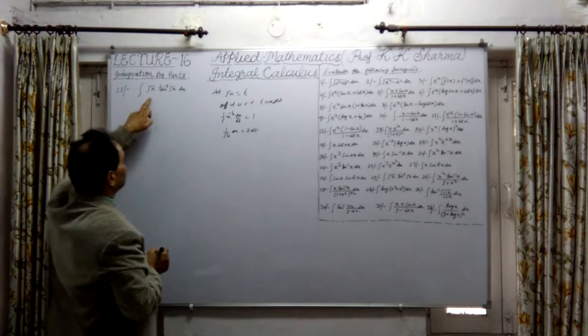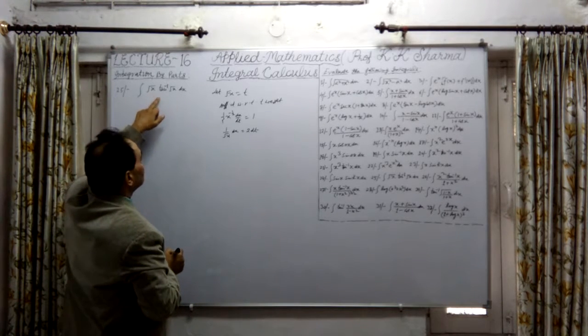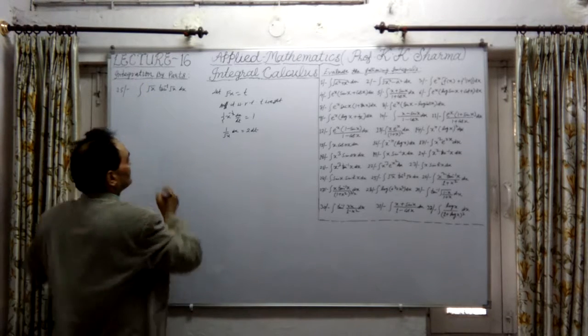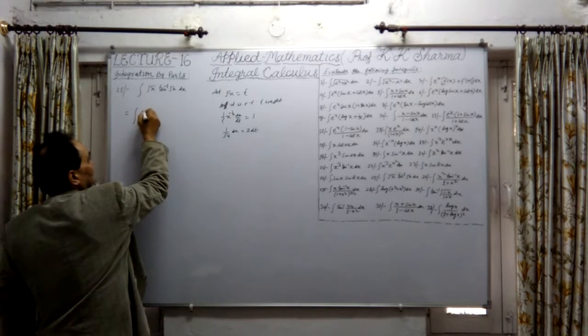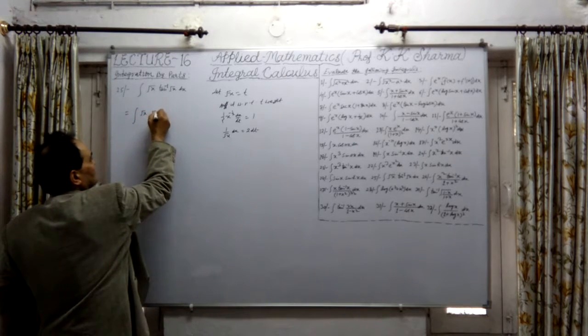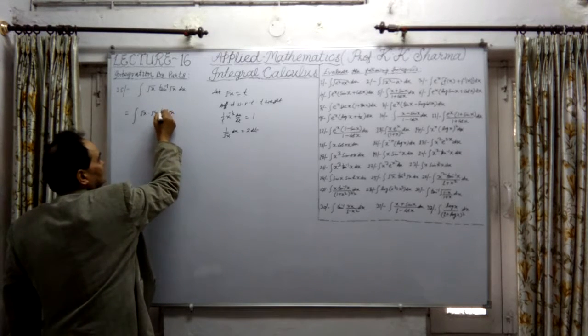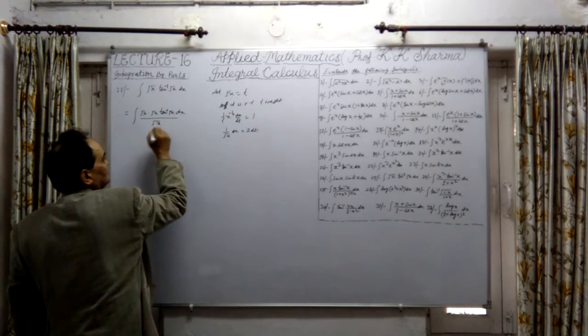Now if I multiply this by under root x in the numerator and the denominator, then what does this question turn into? Let me write: under root x into under root x into tan inverse of root x into dx upon root x, no change.